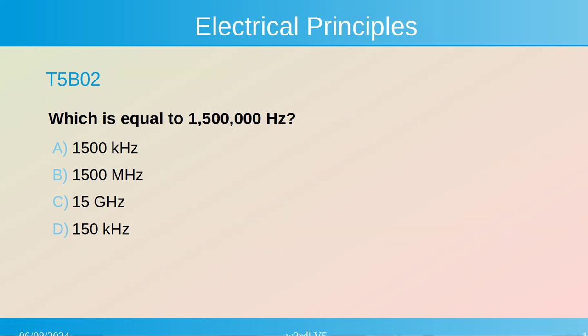So I'd be dividing 1.5 million by a million and get 1.5 megahertz? If I wanted to try it in gigahertz, I'd be dividing it by 1 billion. So that's not gonna give me the same answer. And we already did kilohertz, so we know it's not 150. So we know it's not B, C, or D, right?